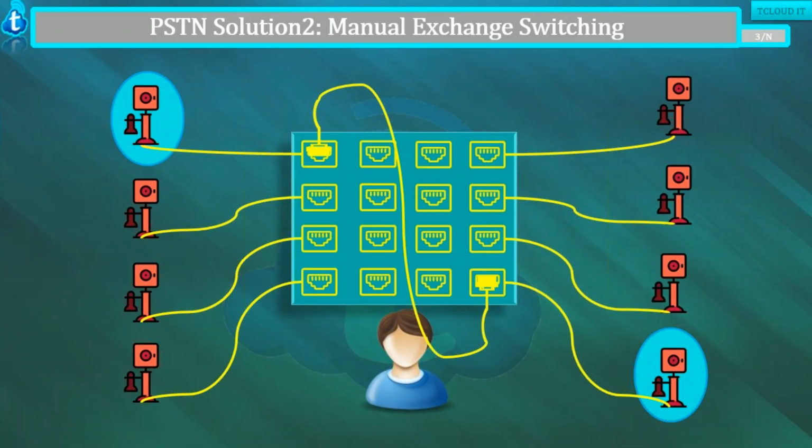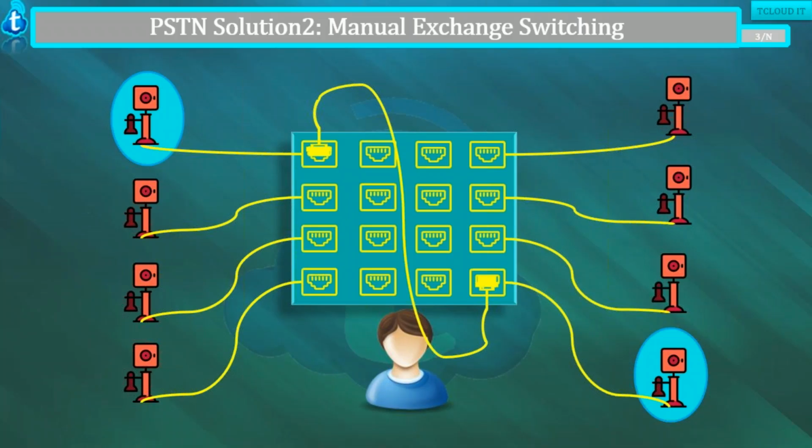So the operator's duty is to keep making these connections among all the devices that want to communicate, and keep removing those connections and keep all the ports free at all times, at least the ports that are not communicating right now. That's the duty of the middle operator.